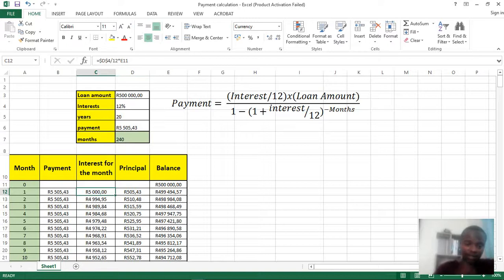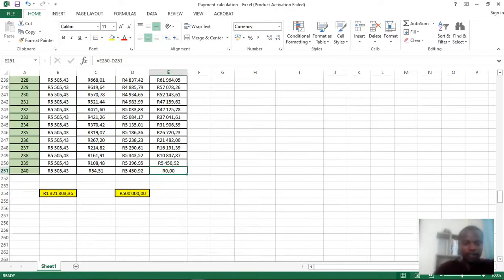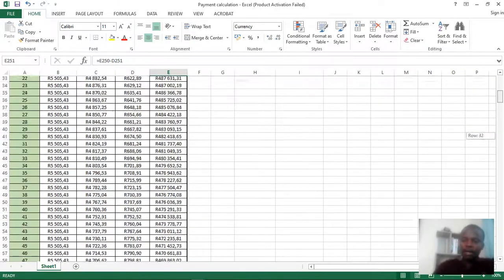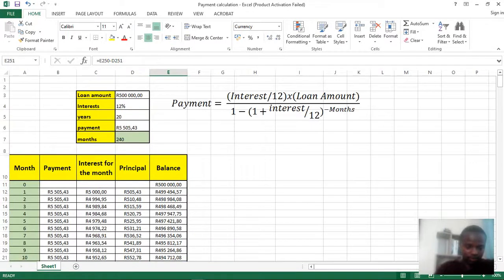Then the remaining 500 rand goes into the loan. So what you owe is 500,000 minus that 500.